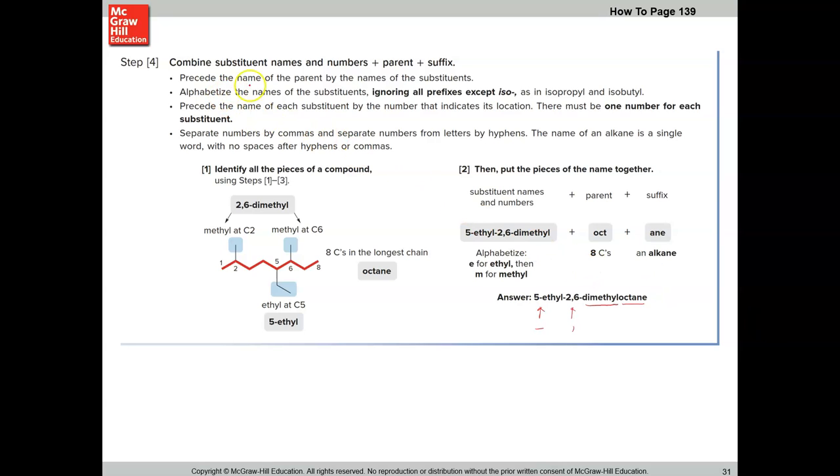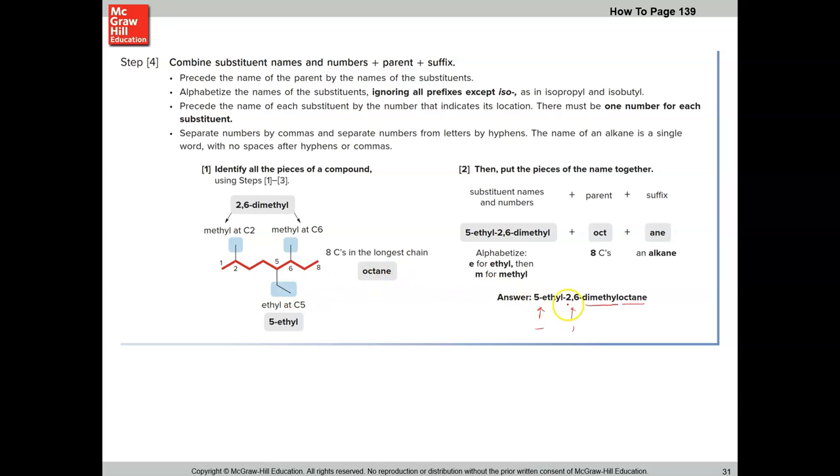So at the end, we'll combine the names, and this is the same compound that we saw before, 8 carbons long, with substituent groups at 2, 5, and 6, and this would be the 2,6-dimethyl. So we have the 2 and the 6 dimethyl, that is the grouping off of the side chain. And we have the ethyl group, which we also have to include, the 5-ethyl.